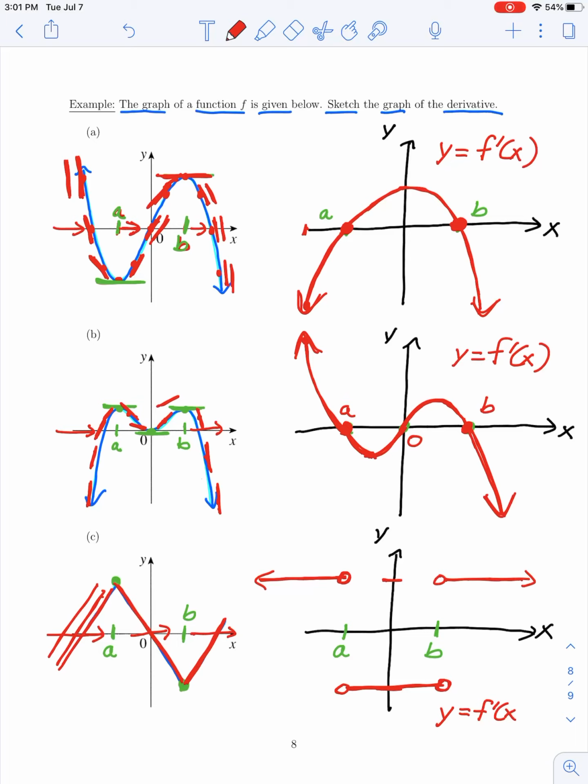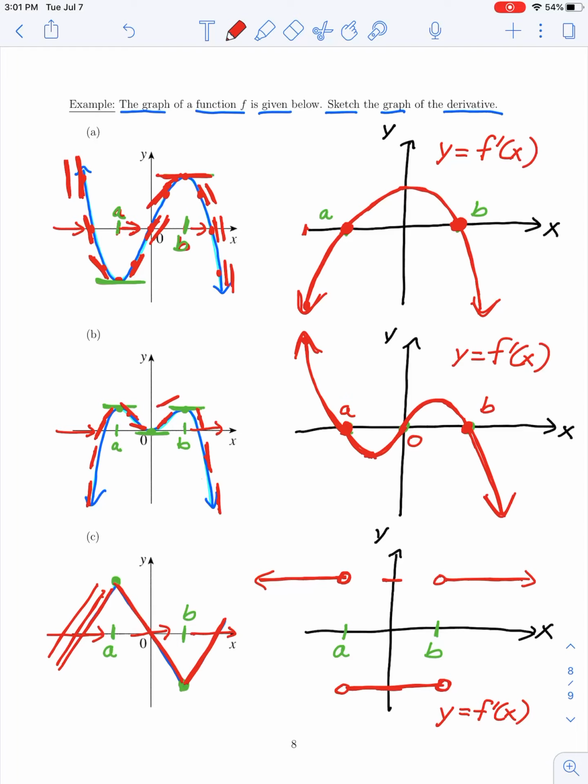So we have a derivative y equals f prime of x, which is discontinuous because of the way that our function was defined. We had corners in the graph of our function, so there are points where our derivative does not exist, namely the points a and b, and we might have jump discontinuities in the derivative of our function if it's defined in this way.